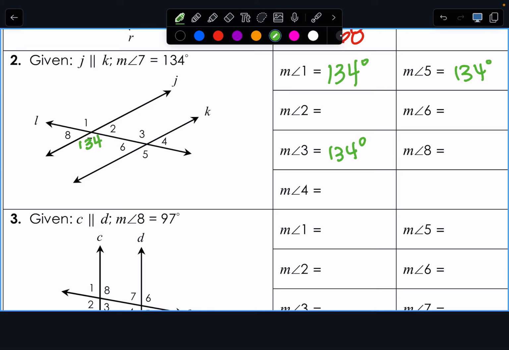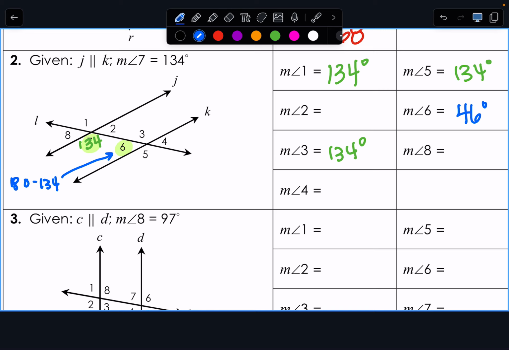All right. Well, if angle 7 is 134, what's true about angle 6? And how'd you get 46? Angle 6 is 46. Since we have consecutive interior angles, we can take 180 minus 134 to get that supplementary angle.